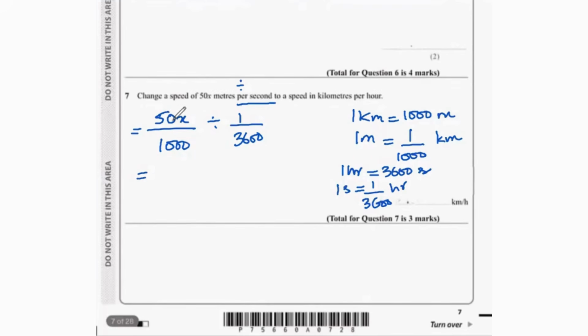Now the zeros get cancelled out. 5 becomes 1 and this becomes 20. X over 20. We turn division to times and take the reciprocal of the second fraction. So it's 3600. Again, the zeros get cancelled out. And the answer would be 180x. So 50x meters per second in kilometers per hour is 180x.